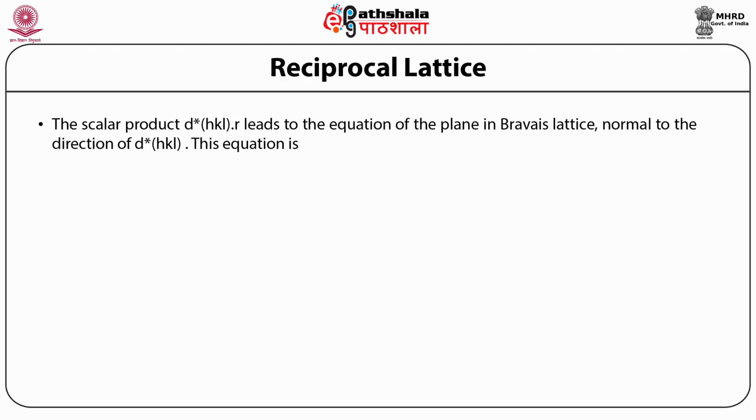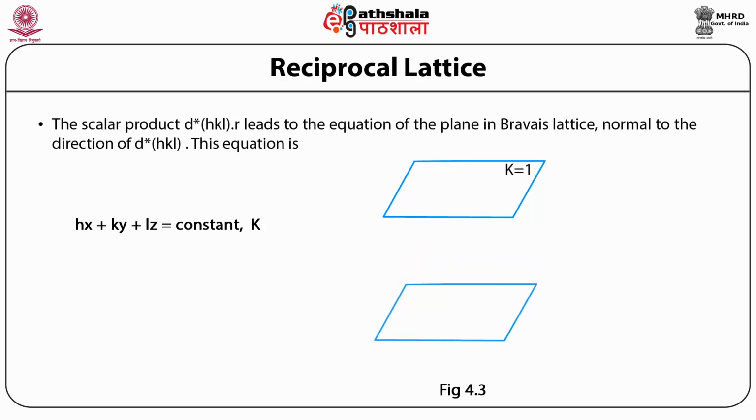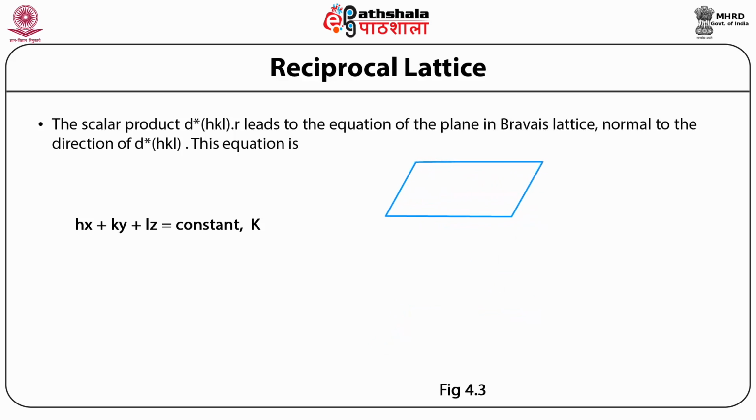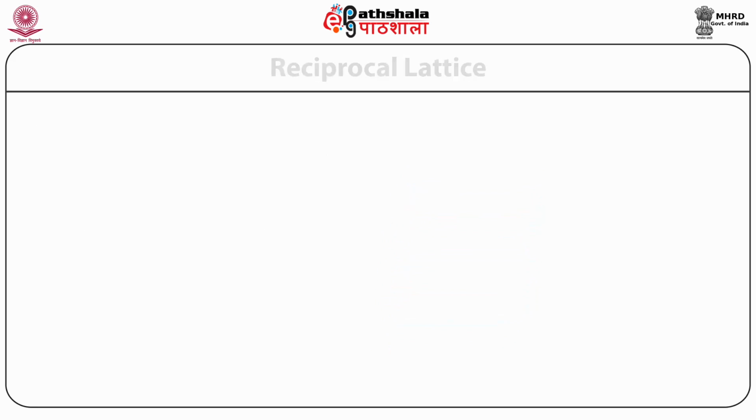This equation is simply Hx plus Ky plus Lz equals a constant kappa. So figure 4.3 shows two planes which are defined as kappa equal to 0 and kappa equal to 1. We will describe this in detail in the next projection.